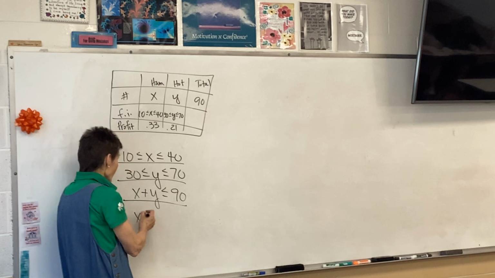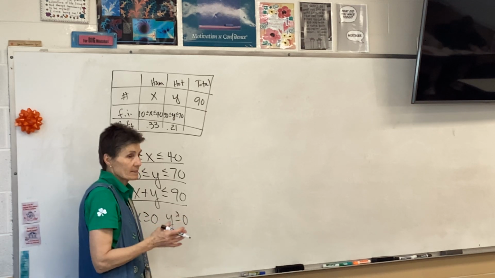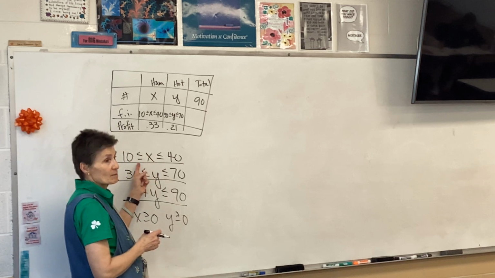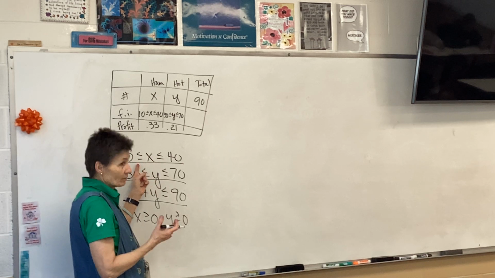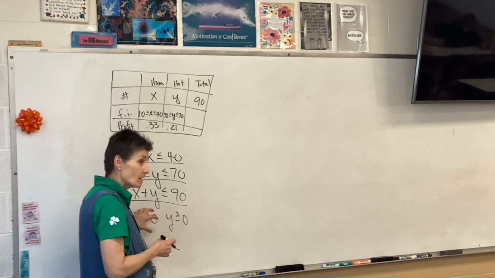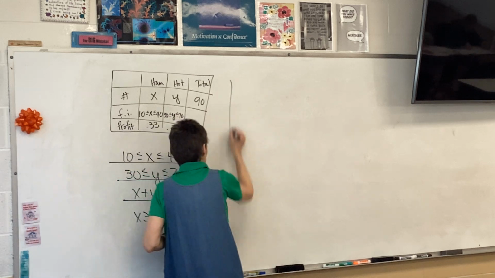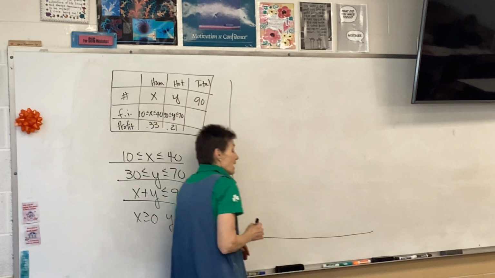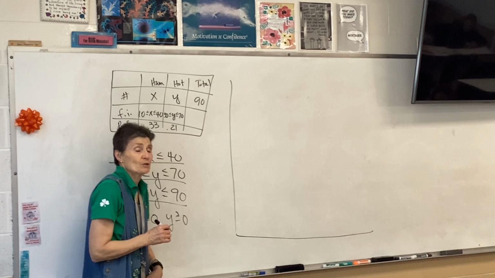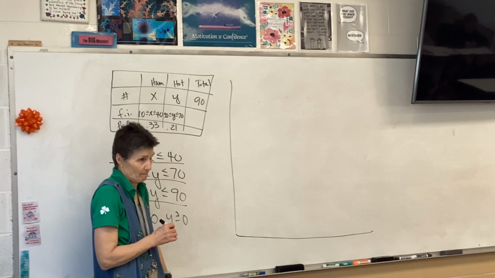Now, if you want to go ahead and include these, it's okay. Not necessary, because you've already told me X is bigger than 10. So clearly, if it's bigger than 10, it's bigger than 0. So I don't need those this time, but it's okay if you just want to include them. Now, what am I trying to do in this problem? Am I finding a maximum or a minimum?